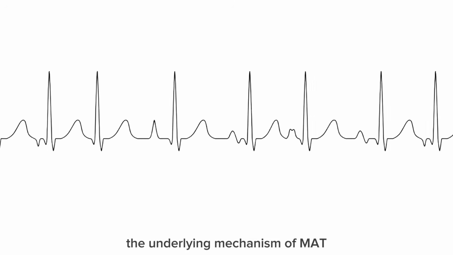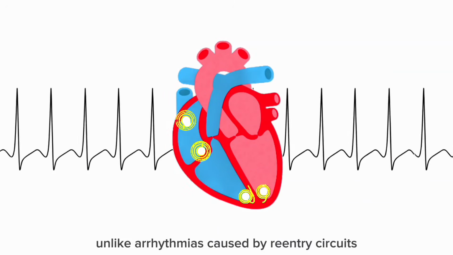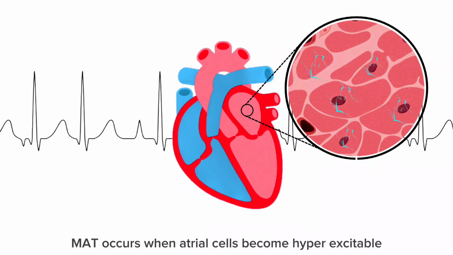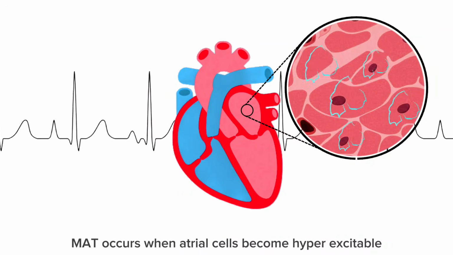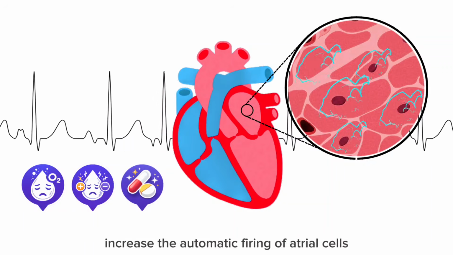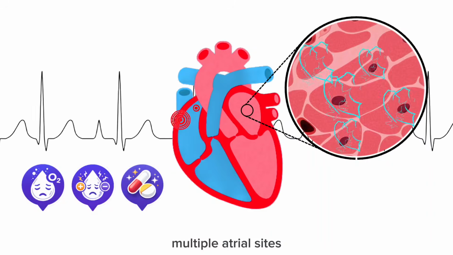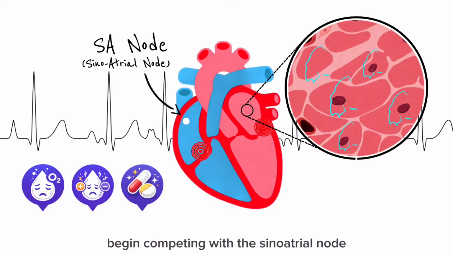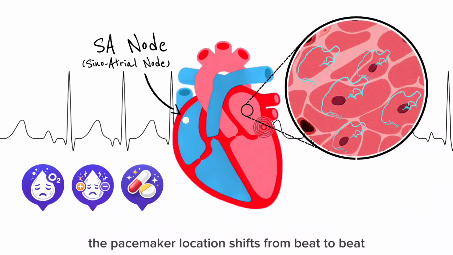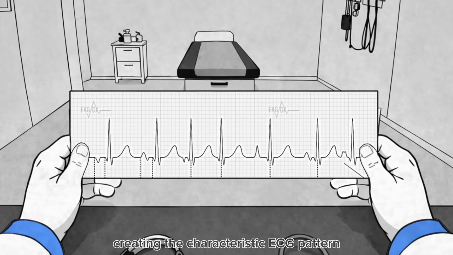The underlying mechanism of MAT is increased atrial automaticity. Unlike arrhythmias caused by reentry circuits, MAT occurs when atrial cells become hyperexcitable. Hypoxia, electrolyte disturbances, and certain medications increase the automatic firing of atrial cells. Multiple atrial sites begin competing with the sinoatrial node. As a result, the pacemaker location shifts from beat to beat, creating the characteristic ECG pattern.